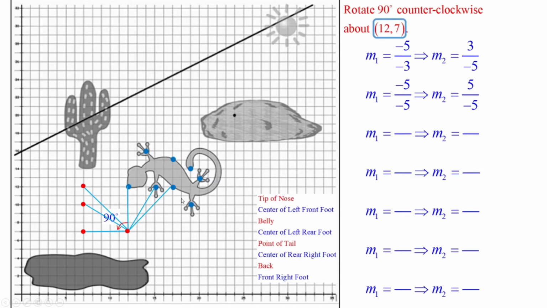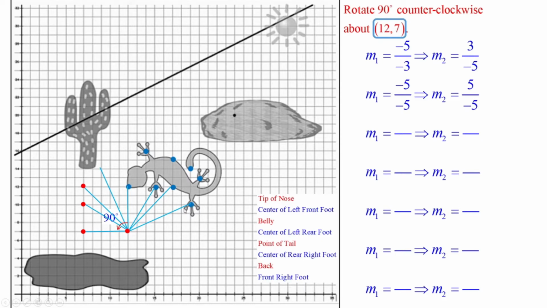All right, so what do we do after the belly? I bet you we're going to do the left rear foot. Yep, center of left rear foot. So again, I'm going to do a 90-degree angle from the left rear foot to the point of rotation, and then 90 degrees, and go the same distance. Now, I'm going to find this distance perfectly with slope again.